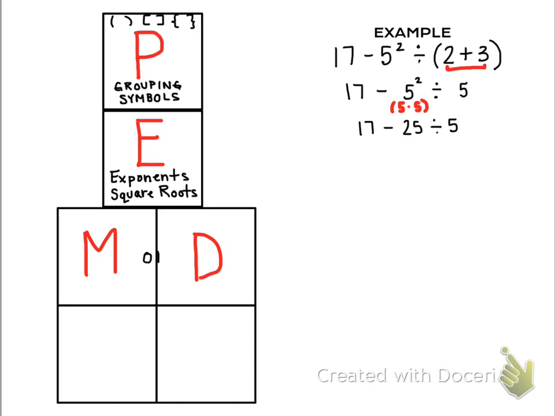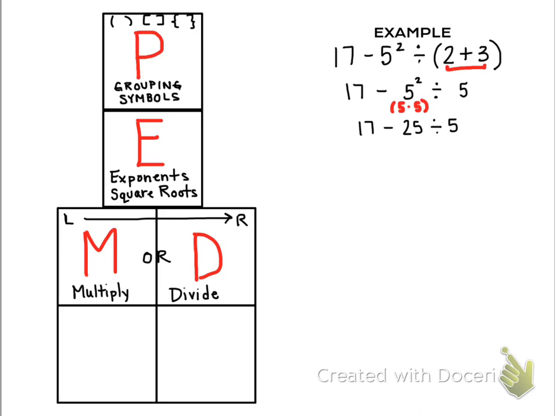It's multiplication or division. We are going to go from left to right. So whatever comes first. If multiplication comes first, you will multiply. And if division comes first, you will divide. It depends on what comes first in the problem, or even if both of them are in there.